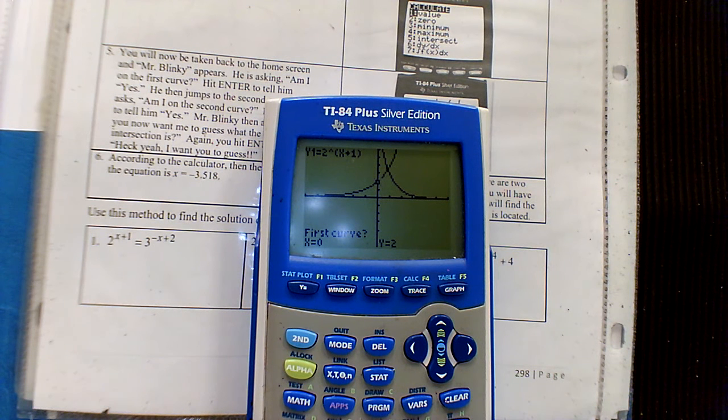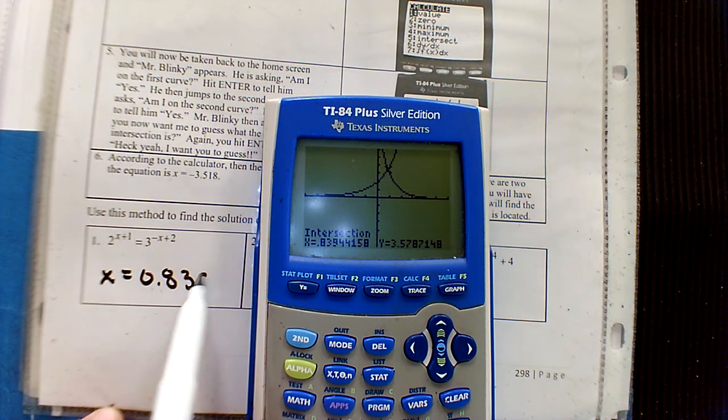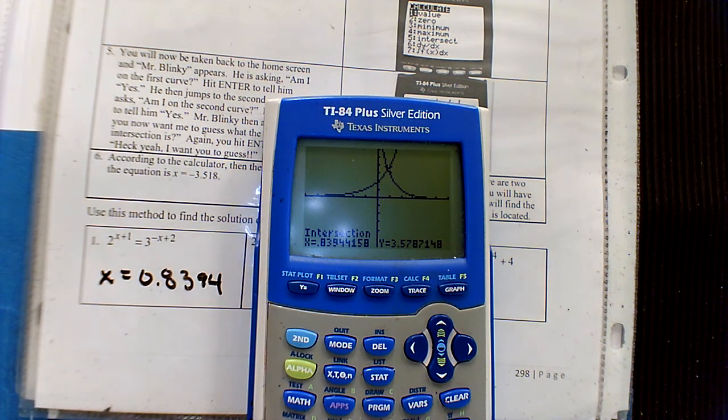There's a little bit more we have to do. Okay, move the cursor to where they cross, where you think it is, and hit enter 3 times. 1, 2, 3. All right, so we're going to write down the x-coordinate, that's our solution, the spot where these two equations meet. So we'll write down the x value.